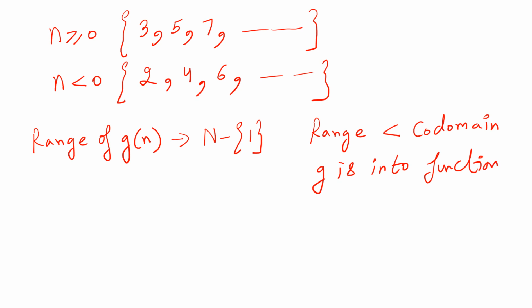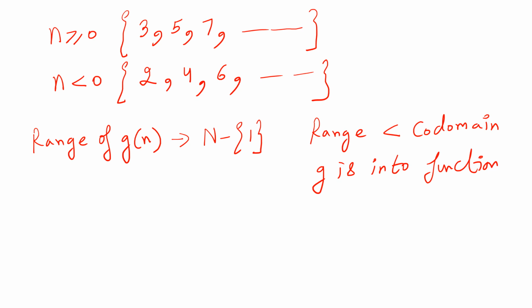Now students, when we take n as any integer greater than or equal to 0 and start putting the values of n in g of n, then every time we get a different odd number. Similarly, when we take n as any integer less than 0 and start putting the values of n in g of n, then every time we get a different even number.